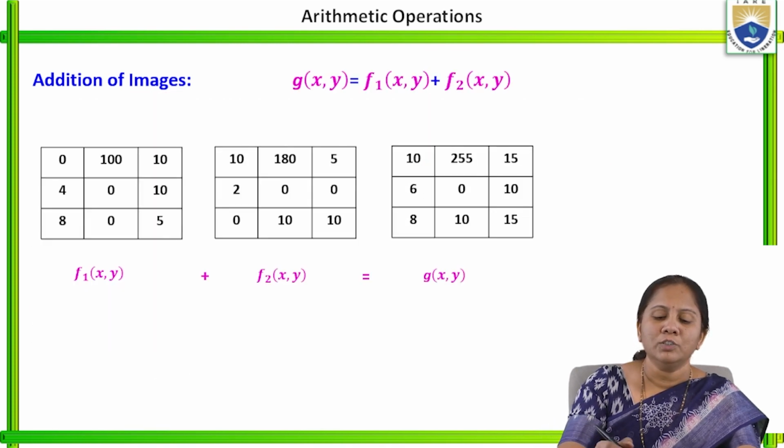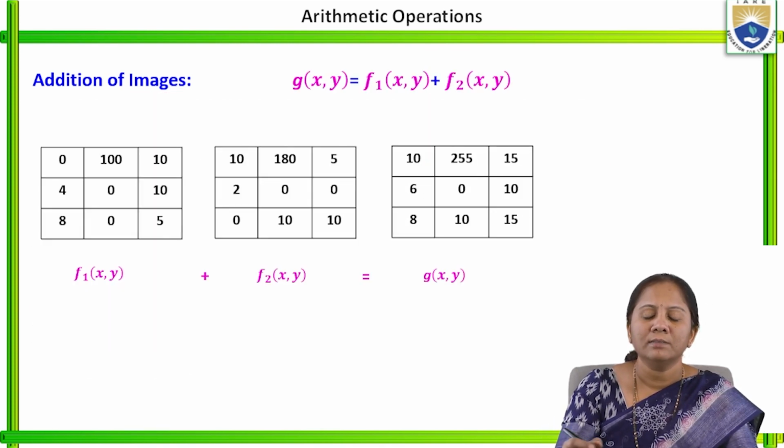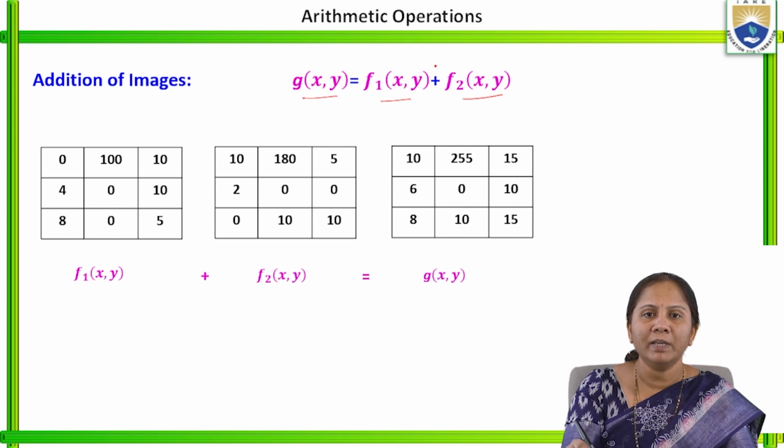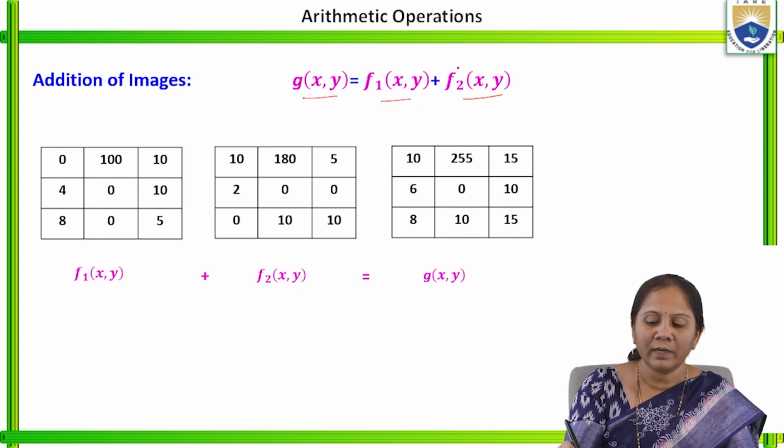Now, we can clearly understand this addition operation if we look at an example. The addition operation can be represented with the equation g(x, y) = f1(x, y) + f2(x, y). Here f1(x, y) represents image 1 and f2(x, y) represents image 2.